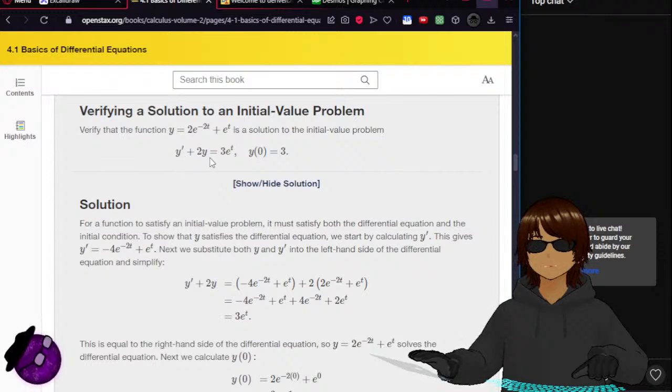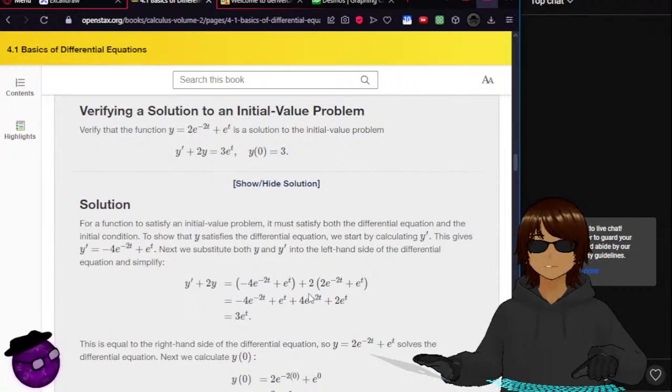The derivative of y is equal to 2y plus 3e to the power of t. The derivative of y is minus 4e to the power of minus 2t plus e^t, right?